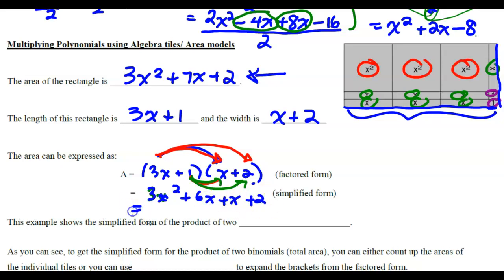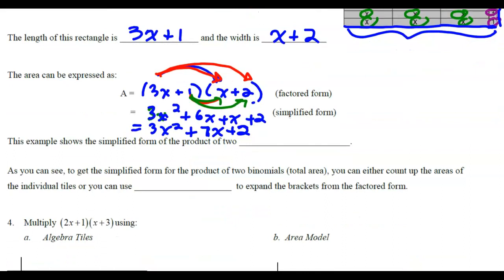Okay. So that's 3x squared plus 7x plus 2. And that's what we got originally from our diagram. Okay. Remember, if it's just x, that means 1x. So this example shows the simplified form of the product of two binomials. Remember, binomials have two terms in them. So two brackets, each had two terms in them.